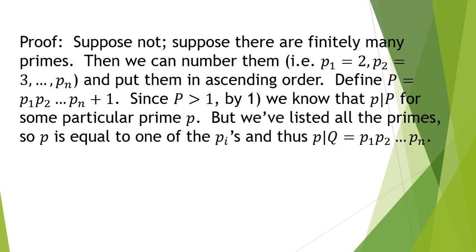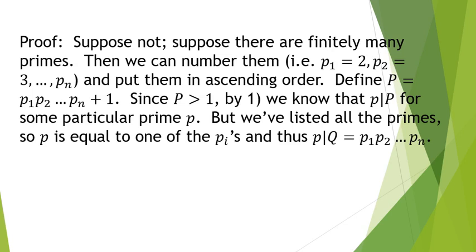But we've listed all of the primes. We've given every prime its own name. So p then has to equal one of those P sub i's. P could be P10, it could be P1 million, it could be P47, whatever.